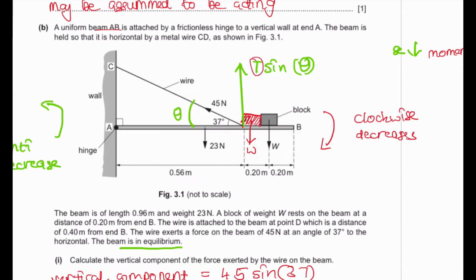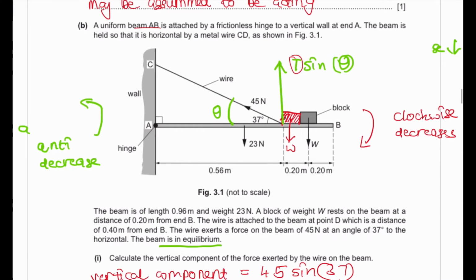So the tension has to decrease in order for the total anti-clockwise moment to decrease. If tension decreases, T sine theta decreases, and the anti-clockwise force will overall decrease. Hence, the system will remain in equilibrium.